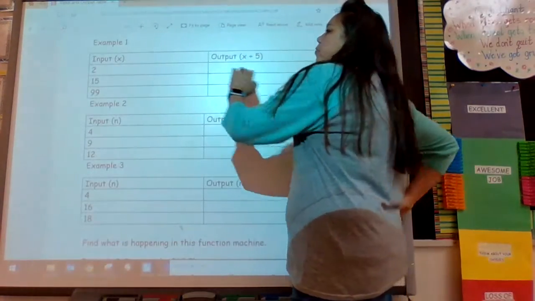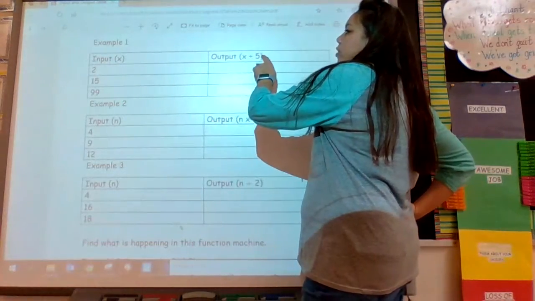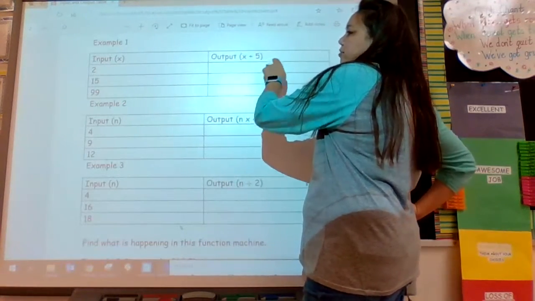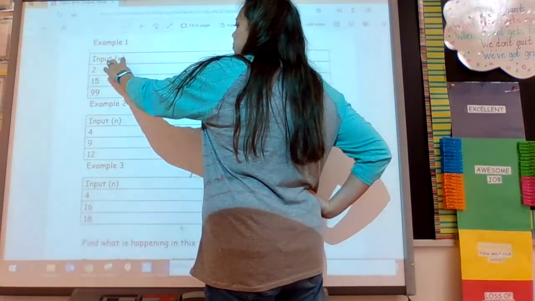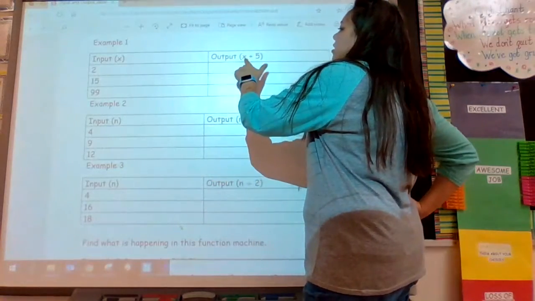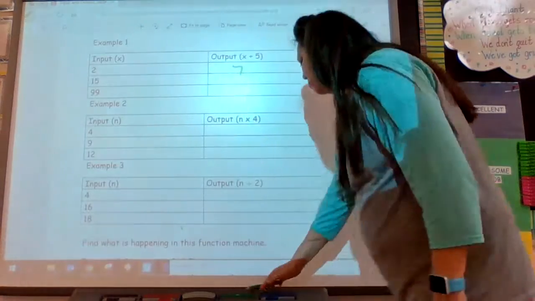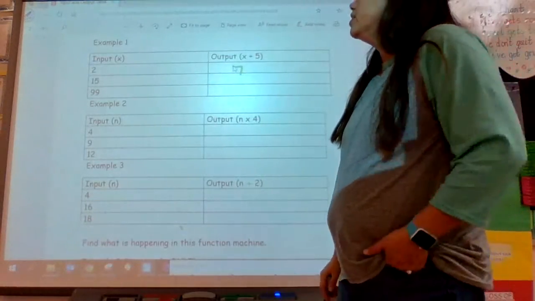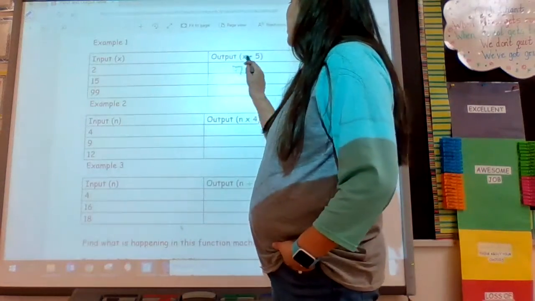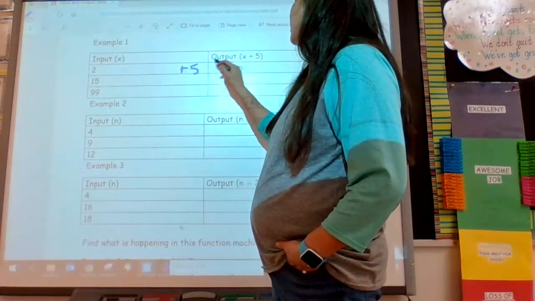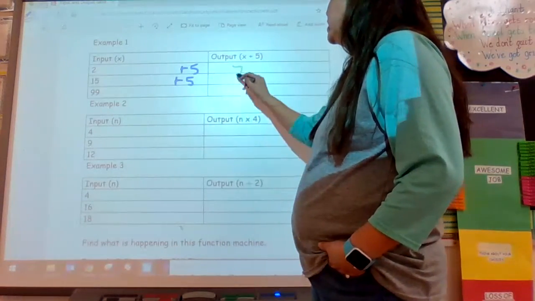So whatever we put in for X, when it comes out over here, we're going to add 5 to it because this is the rule. Do you see where they set those? So if 2 goes in for X, then 2 plus 5 is 7. Okay? If 15 goes in for X, okay? So then right here what we're saying is we're going to take 15 and we're going to add 5. And what do we get?